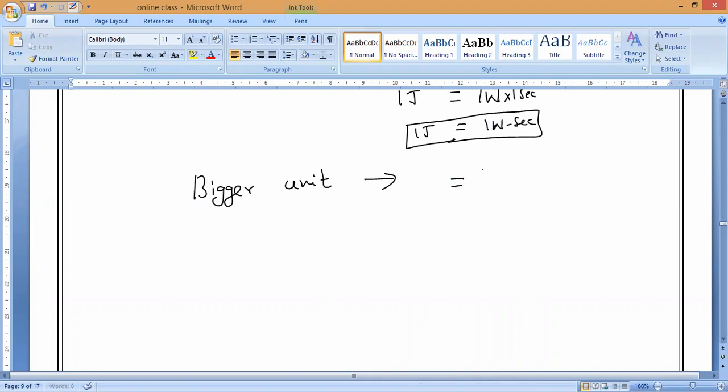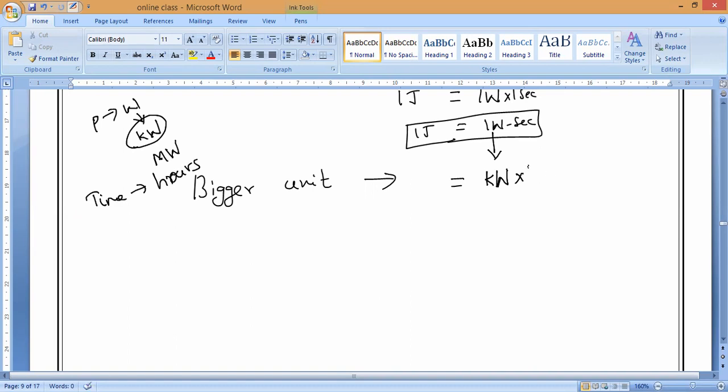If we take the bigger unit of power, what is the bigger unit of power? Watt, and next one is kilowatt, megawatt. We take kilowatt. So the bigger unit of power is kilowatt, small k, capital W, into, what is the bigger unit of time, guys? Hours.